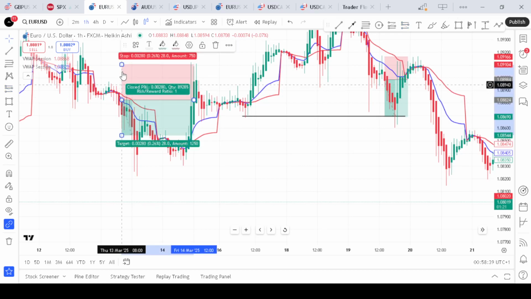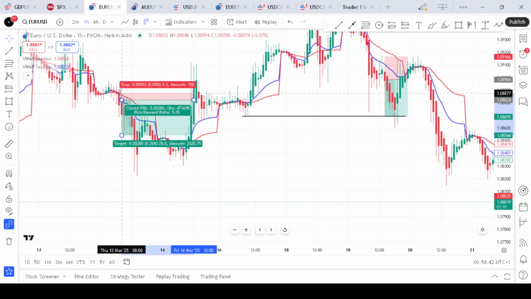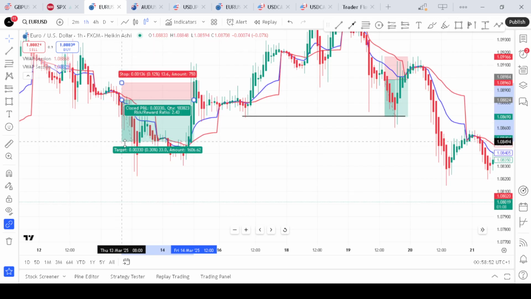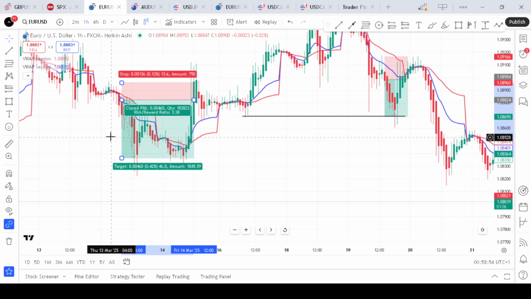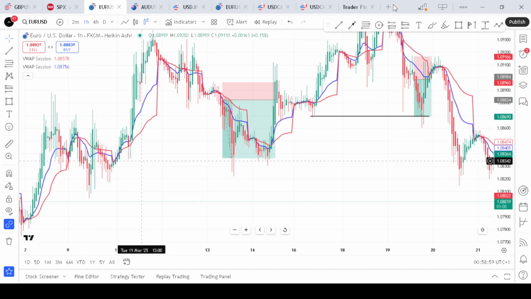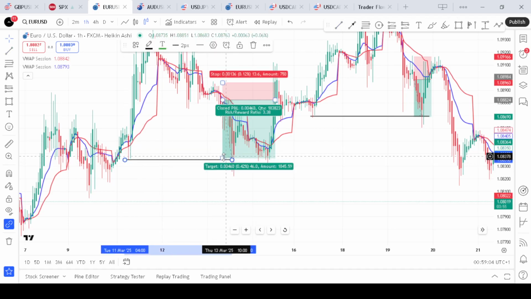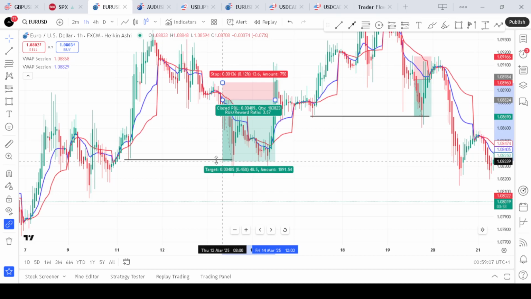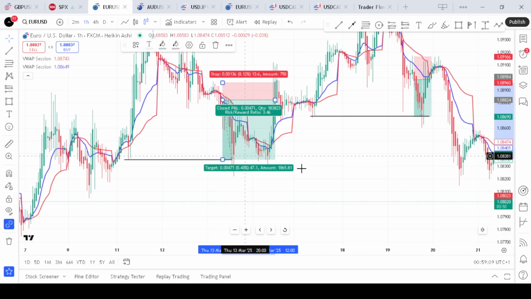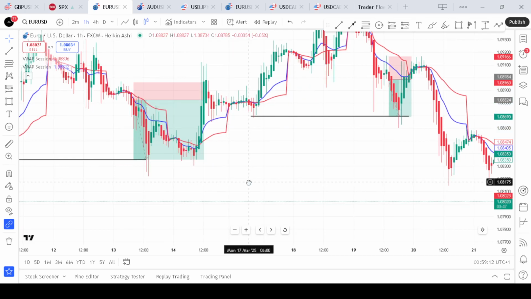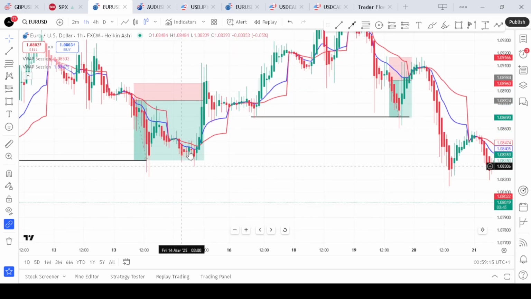At this area, you place your stop loss just above your VWAP line or above your last swing high area. Now for your profit target, you can use a previous support area in price, or you can aim for areas where you see signs of reversal, long wicks or wicks on both sides, and you would want to exit your trade.